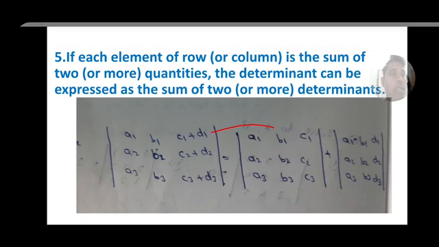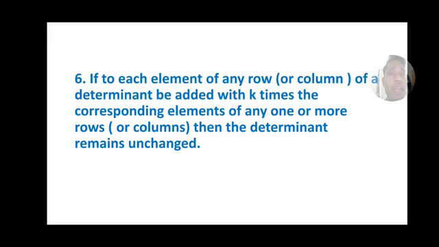Next, if to each element of any row of a determinant be added with k times the corresponding elements of any one or more rows, then the determinant remains unchanged, row or column.